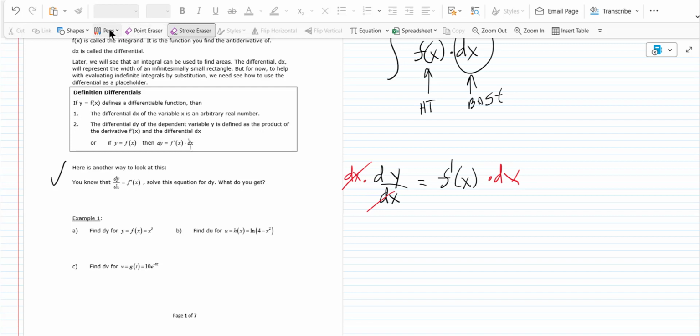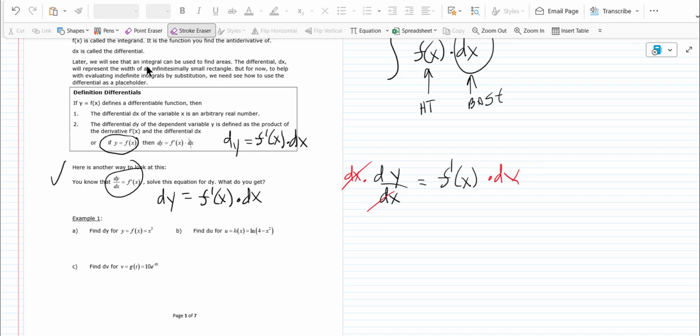What you end up getting is what's called a differential for y: dy is equal to f prime of x times dx. That's why that dx technically shows up in an integral, because you're doing an antiderivative of a derivative and then dx. It simply comes from that. So we're going to focus on this part right here: if y is equal to f of x, then dy is equal to f prime of x times dx.